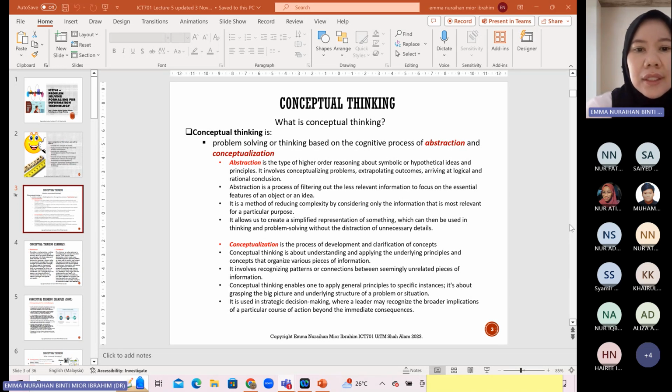So conceptual thinking is about, okay, if you look here, it says that there are two processes in conceptual thinking, which is also part of the problem solving process, which is abstraction and conceptualization. So these are verbs, yeah. So what is abstraction?